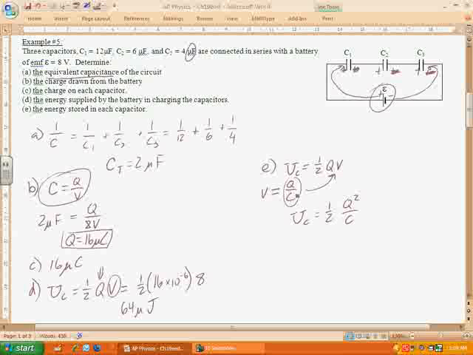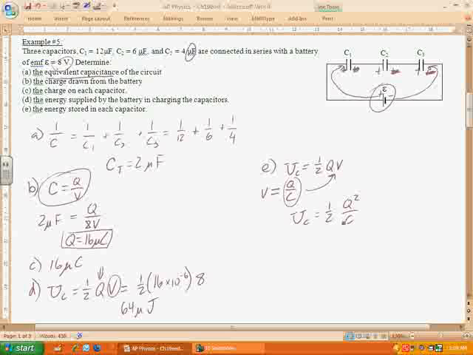So energy will be, for the first one, 1/2 times 16 microcoulombs squared, that was our charge, divided by the capacitance of the first one, so let's go 12 microfarads. So let's go ahead and move this over.